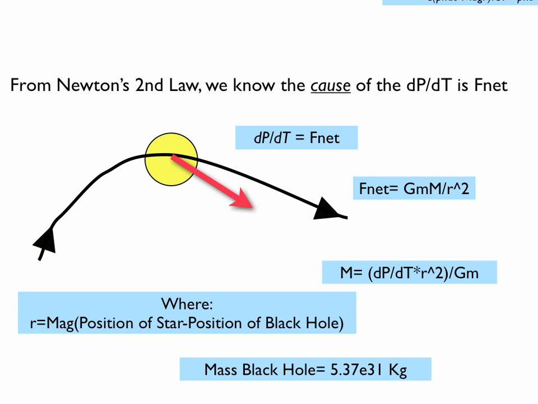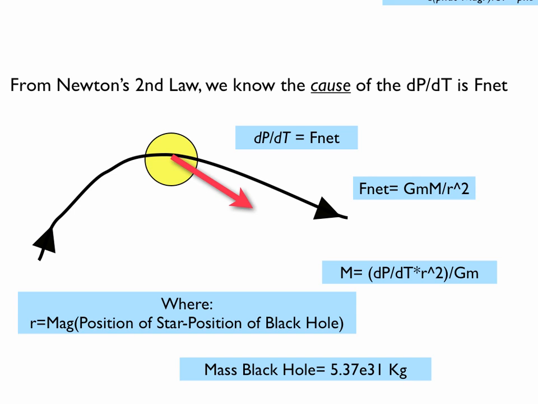We know from definition of the system that the net force is the universal gravitational force equation of Newton. Using that equation, then, the mass of the black hole can be solved as indicated in the third blue box.